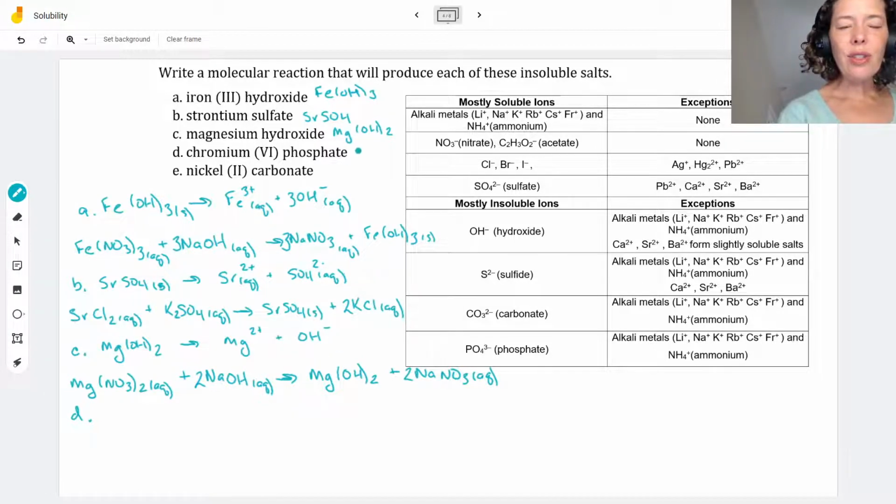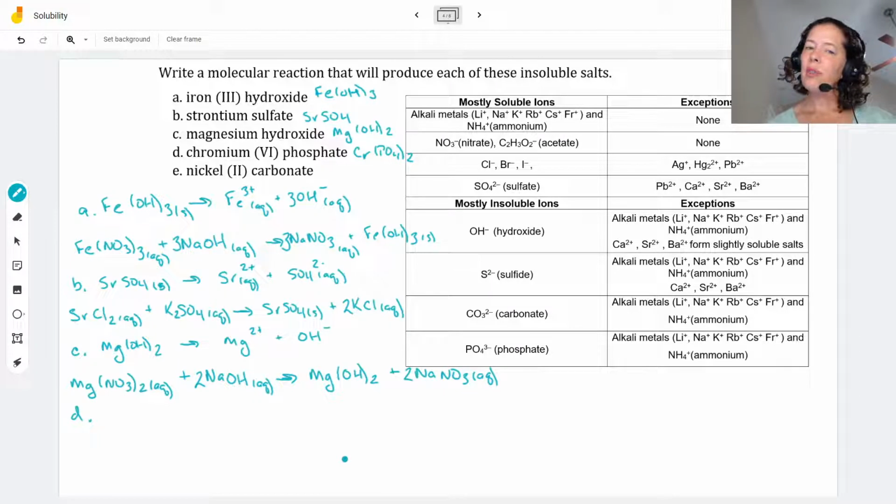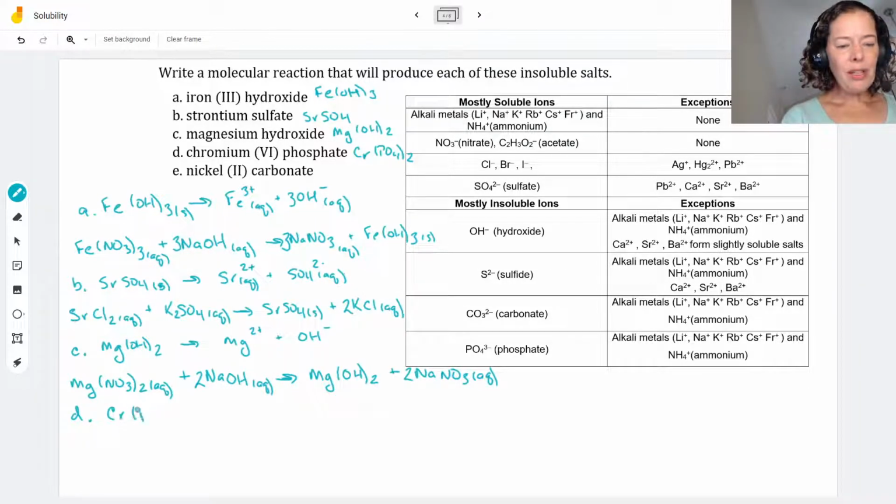Okay, this is interesting. So chromium(VI) phosphate is going to be this. Let me just check my mental math. Yes, that's +6 and -6. I just want to make sure you make a neutral compound. Okay, so chromium phosphate.